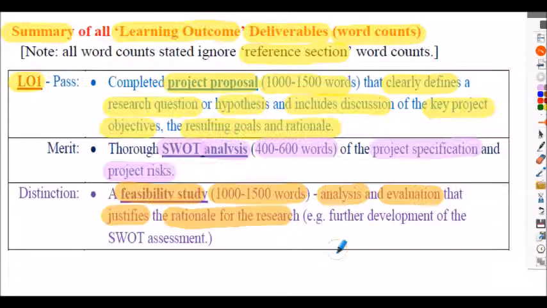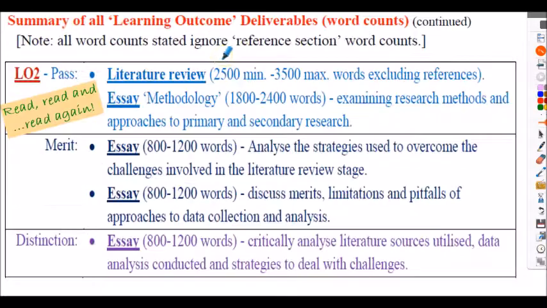I suggest it's really further development of the SWOT analysis, but focusing in much more detail on the project risks. We strongly encourage you to remain within the word counts that are suggested here. At level 5, writing concisely and precisely is a skill we need to develop, so writing within these focused word counts is something we expect. Here are the deliverables expected for learning outcome 2.